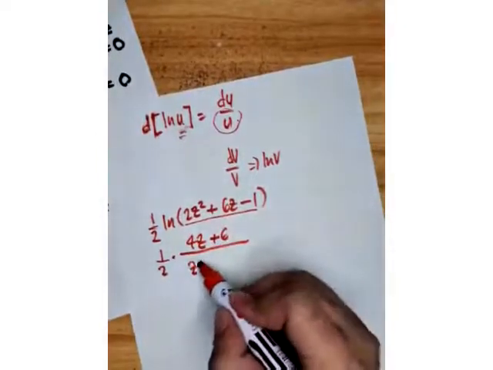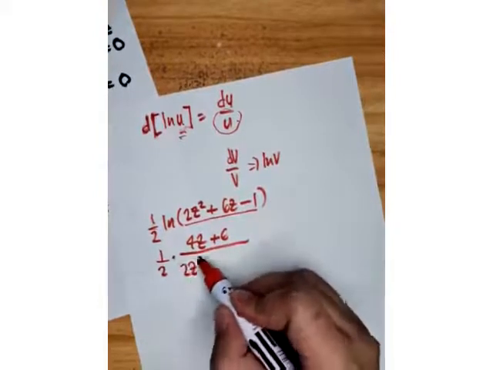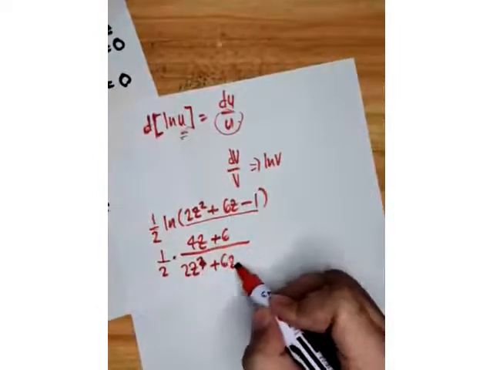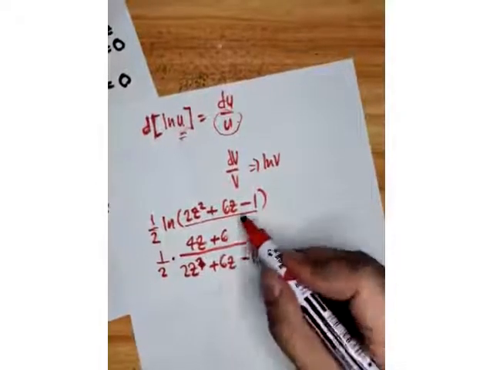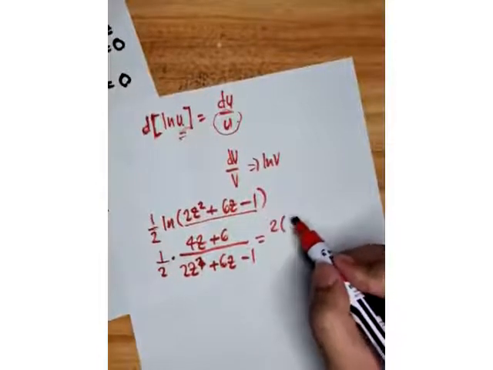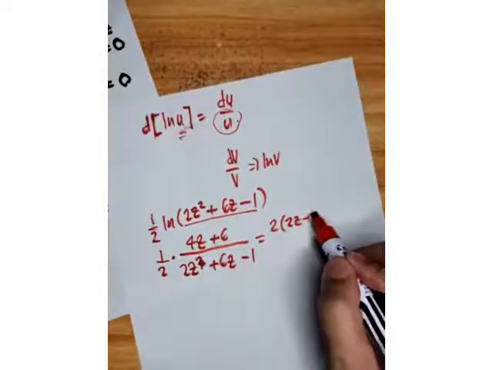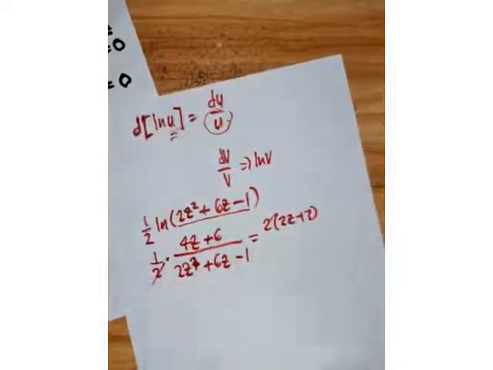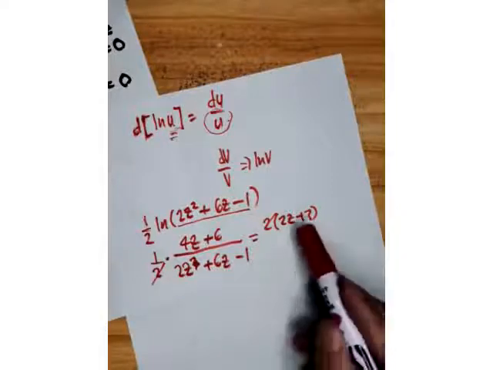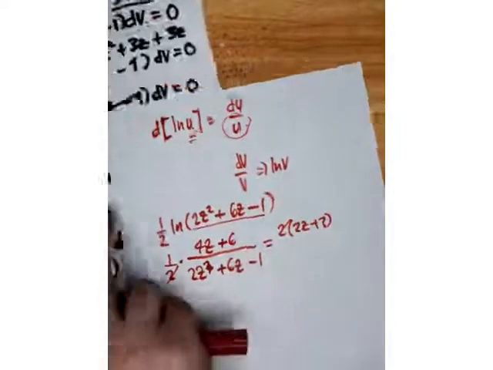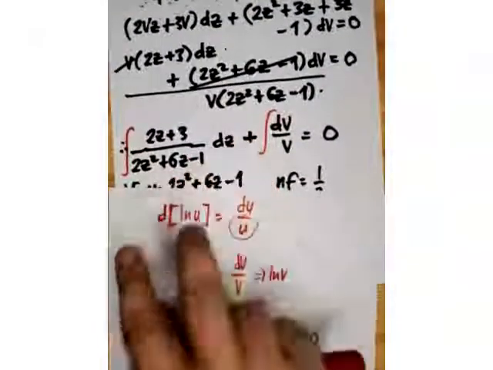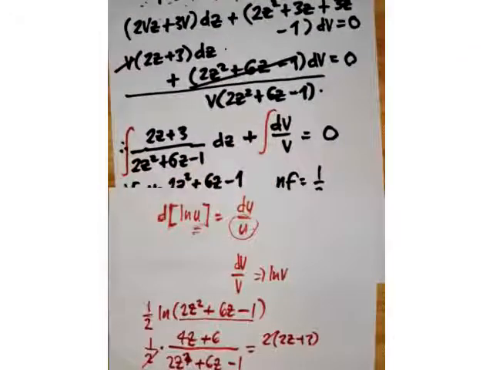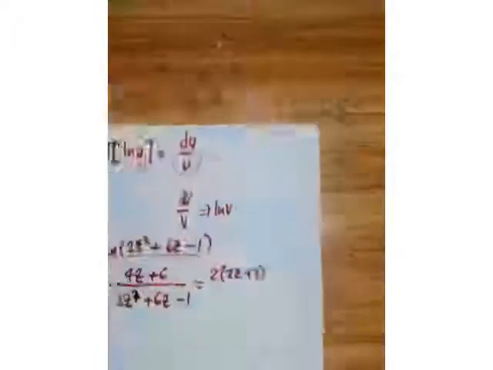So that is 2z squared plus 6z minus 1. And then, ipa-factor out natin yung sa taas. So, meron tayong 2 times 2z plus 3. Cancel natin yung 1/2. So, ang lalabas is yung given natin, which is this one. Sige. Okay. So, any other question?